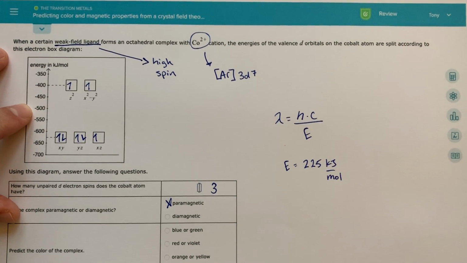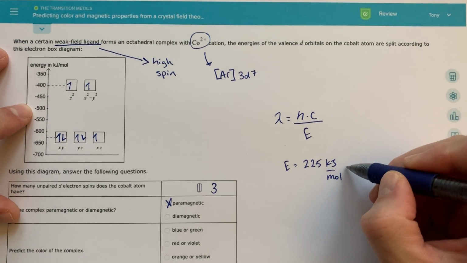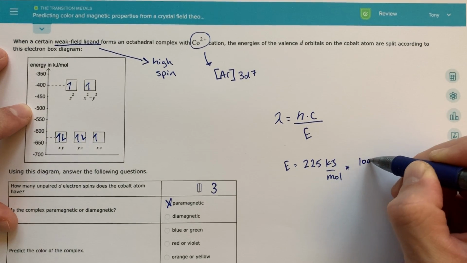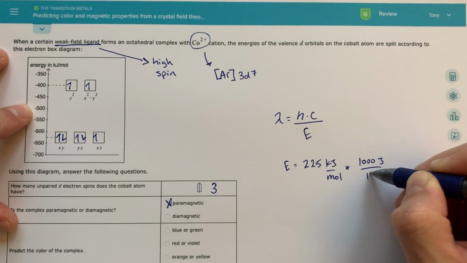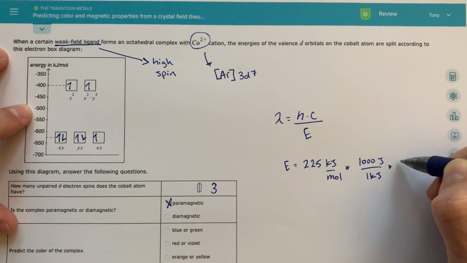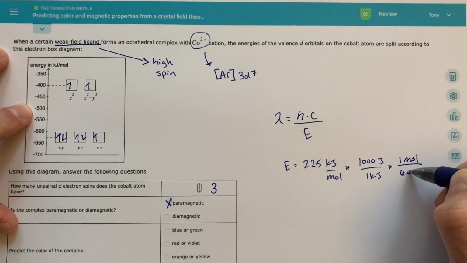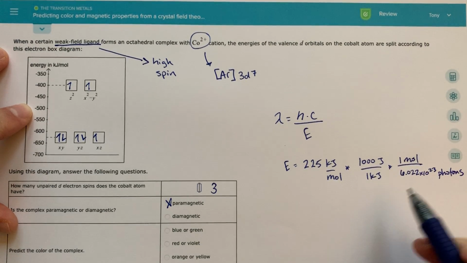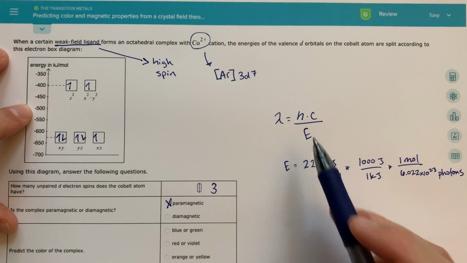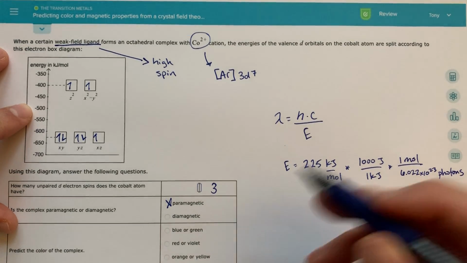And then we can take that information and convert that, like we did before, times 1,000 joules over 1 kilojoule times 1 mole over 6.022 times 10 to the 23rd photons. That's going to be the calculation that we're going to use to figure out what this energy is going to be. We can then plug everything in.